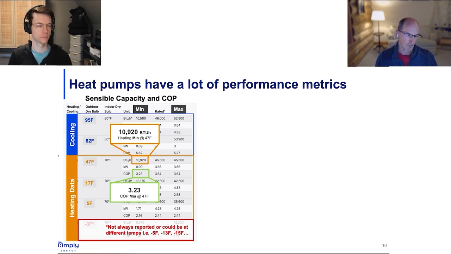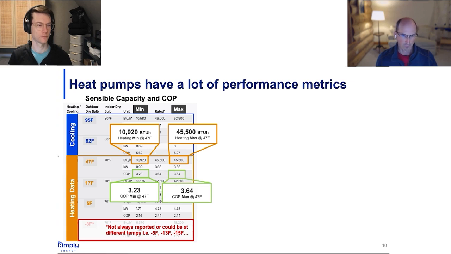So again, for this particular unit at 47 degrees Fahrenheit, we are seeing that it's got a COP of 3.23. And we can look at the same thing on the max side for this outdoor temperature of 47 degrees. So for this unit, we're at about 45,000 BTUs of heating capacity at its max output, and a COP, interestingly, that is even higher than the min, a COP of 3.64.